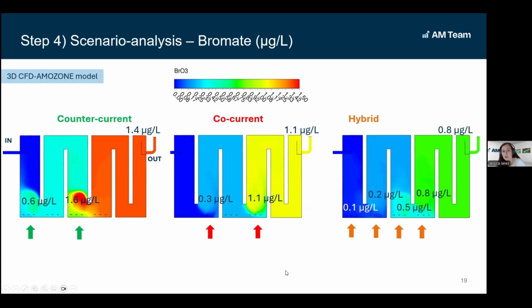But then with the hybrid configuration, by spreading the gas flow between the 4 chambers, we have even lower ozone concentrations, and we reach 0.8 microgram per liter of bromate in the effluent, which is very well below the threshold of 10 microgram per liter.